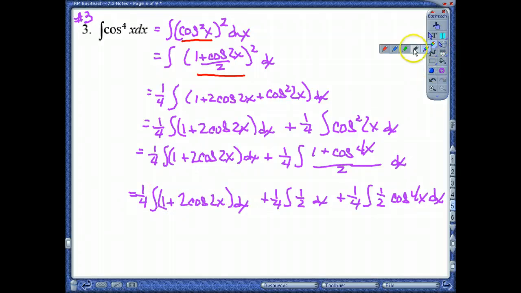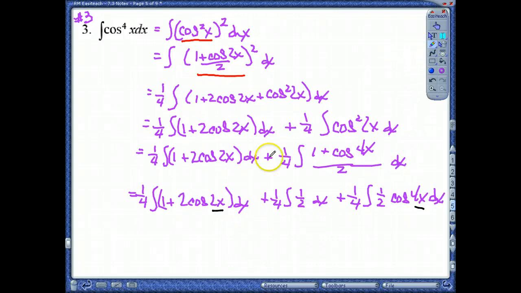Now, when I look at this little guy, everywhere I see an angle that's not a 1x, I would do a baby u substitution, but we know that when I take that integral, I just have that 1/2 sine, my 1/4 sine.